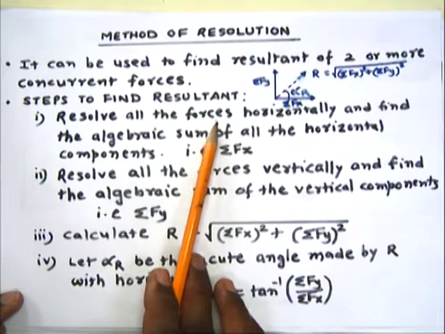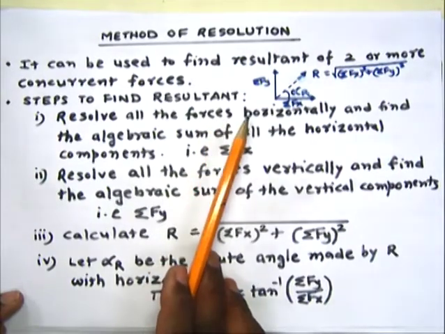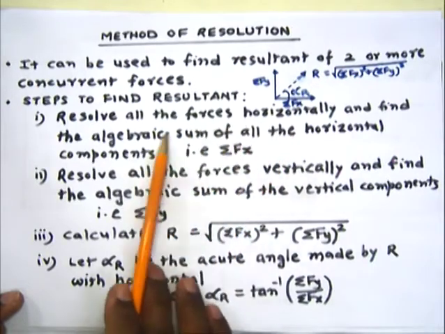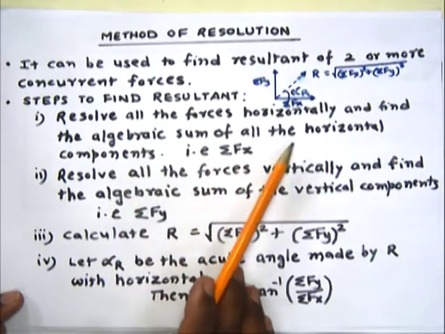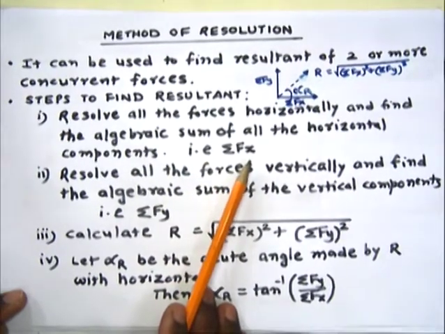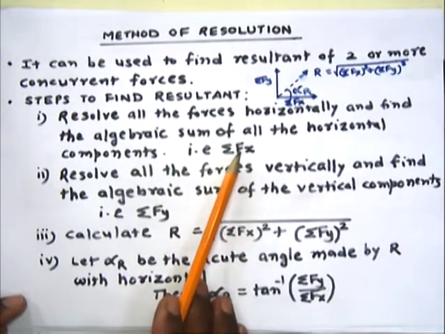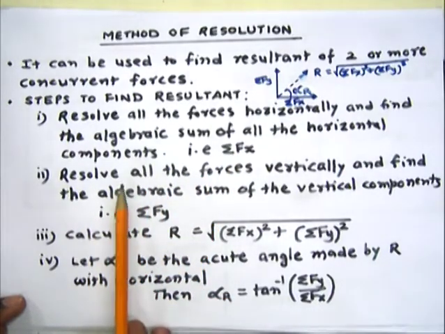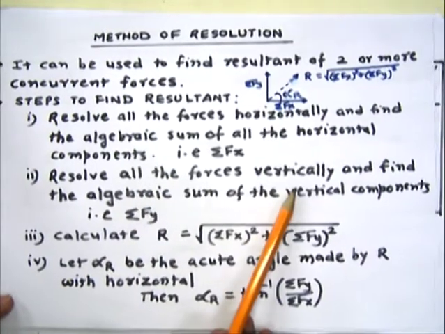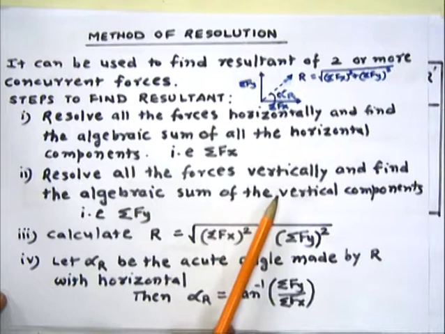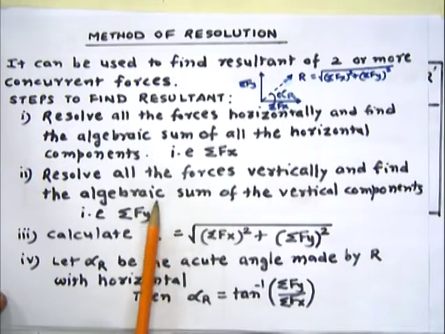What we need is to resolve all the forces horizontally and find the algebraic sum of all the horizontal components, that is sigma Fx, also considering the sign. Then the second step is to resolve all the forces vertically and find the algebraic sum of the vertical components, that is sigma Fy.